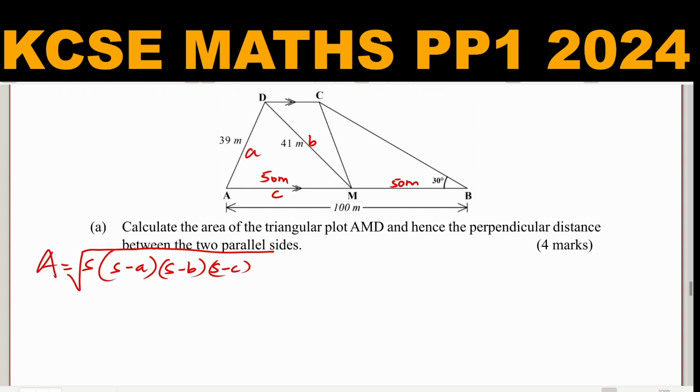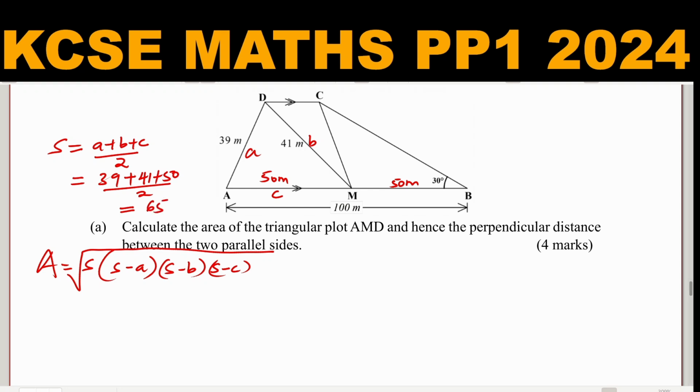Now we can replace this. The first thing is to get S. S is given by A plus B plus C divided by 2. In this case, it will be 39 plus 41 plus 50 divided by 2, and this will give 65.